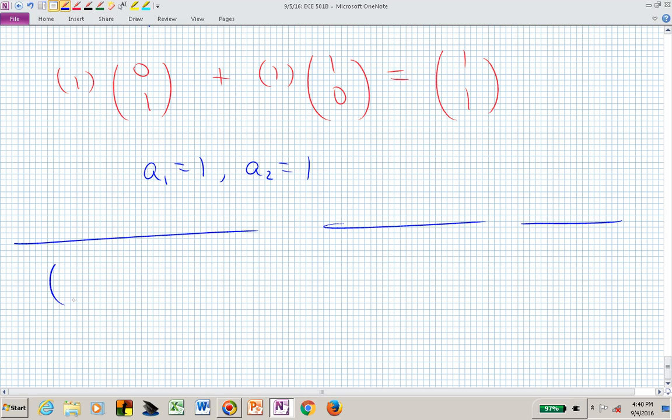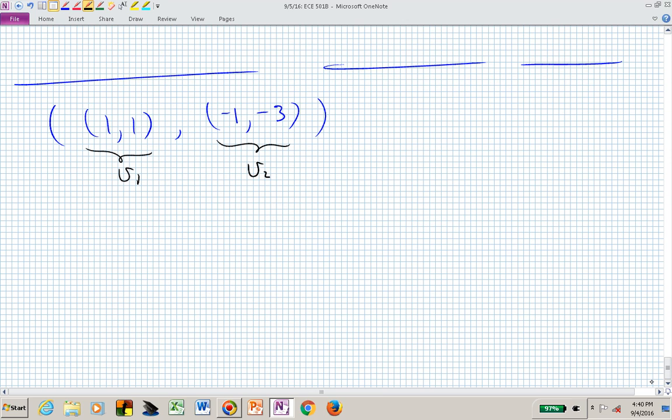Suppose we take another set of vectors. Let's say that now V1 is 1, 1, and V2 is minus 1, minus 3. Here's V1 and V2, where the first coordinate is the x direction, and again our underlying space is R2. That's our vector space.